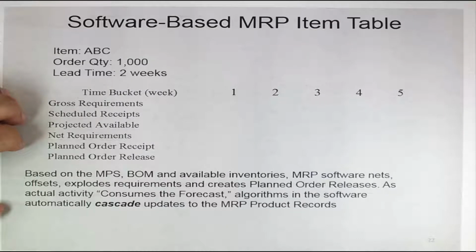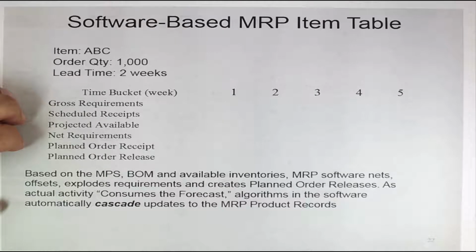And in the software world, and certainly in our supply chain world, every item that we purchase, raw materials overseas or finished products if we're a product wholesaler, for example, is going to have an item table within software dedicated specifically to that item, whether it's a pair of sneakers or a widget that goes into a production process. And it helps us to manage the elements of gross to net exploding and lead time offsetting.